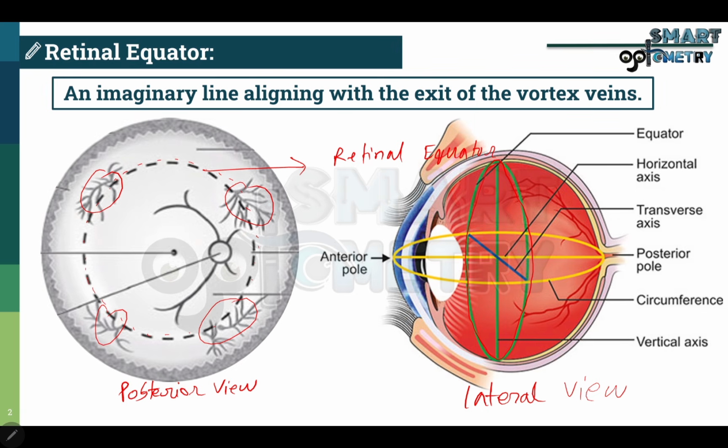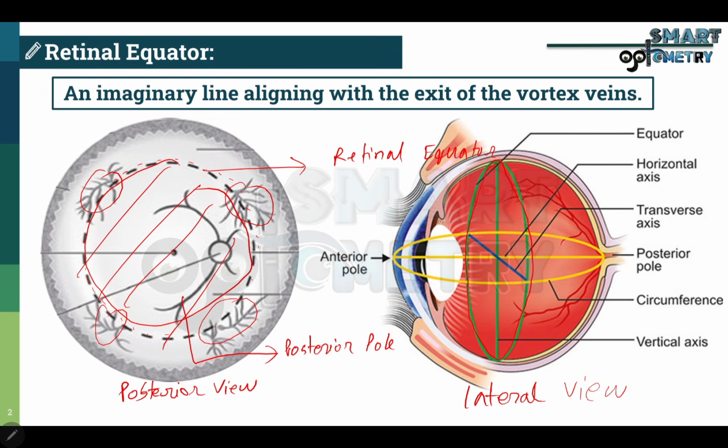So the structures behind the equator, this area is the posterior pole, here this area is the posterior pole, and the part of the retina anterior to the equator is the peripheral retina.